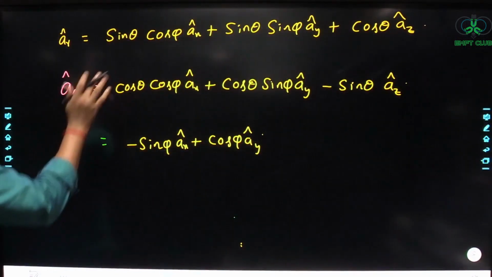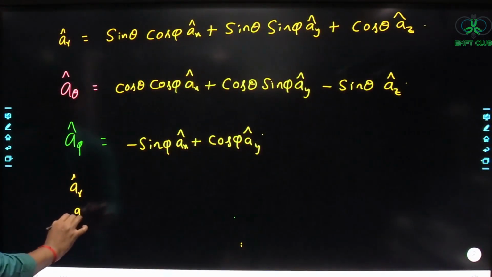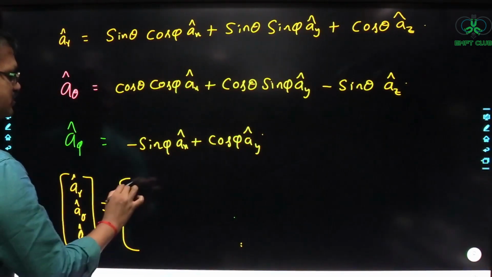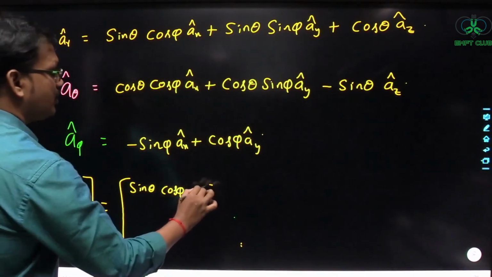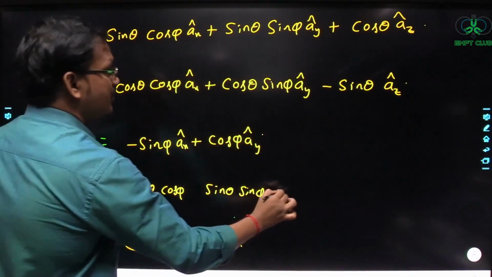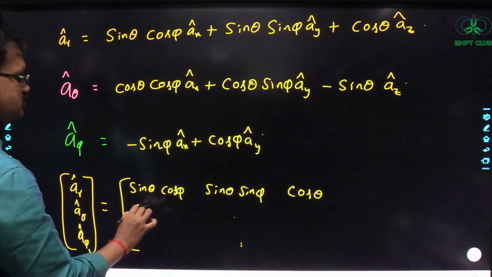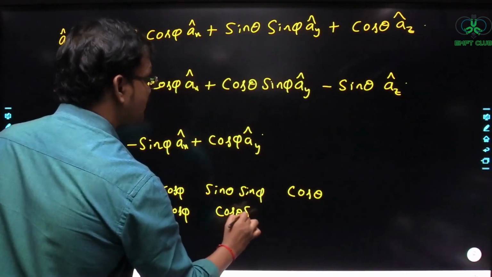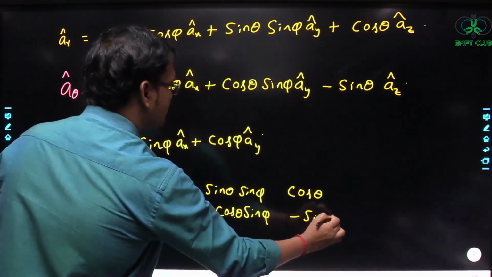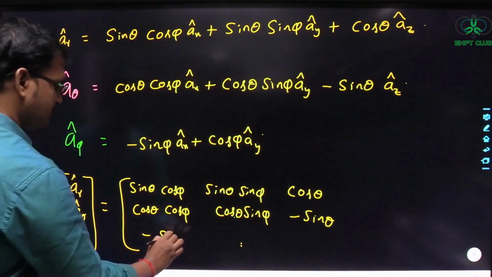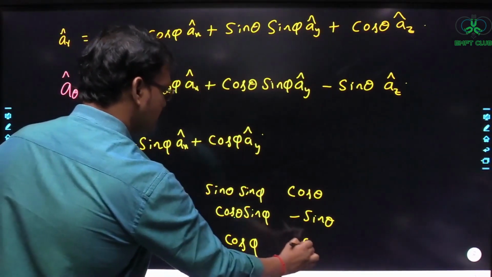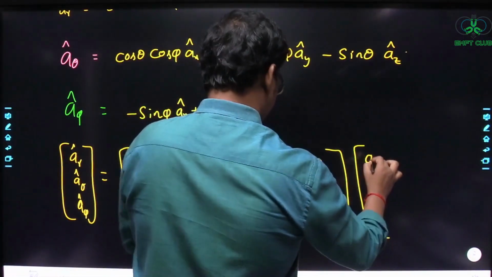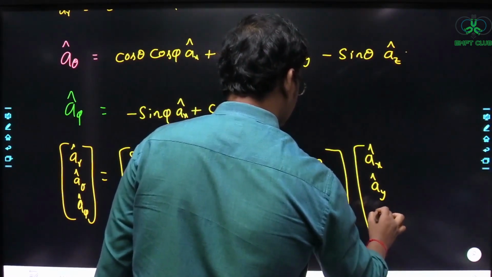I can also write this in matrix form: a_r cap, a_theta cap and a_phi cap equal the matrix with first row sin theta cos phi, sin theta sin phi, cos theta; second row cos theta cos phi, cos theta sin phi, minus sin theta; and for a_phi cap, minus sin phi, cos phi, and 0. This is multiplied by ax cap, ay cap and az cap.